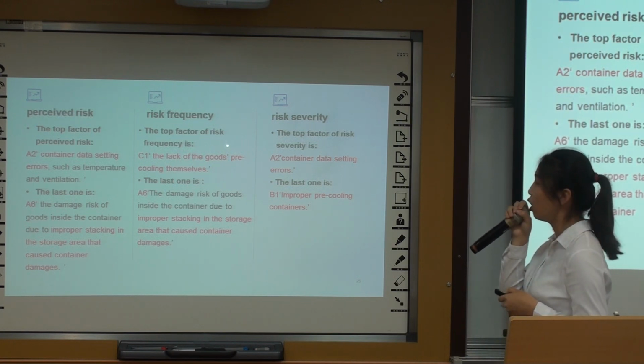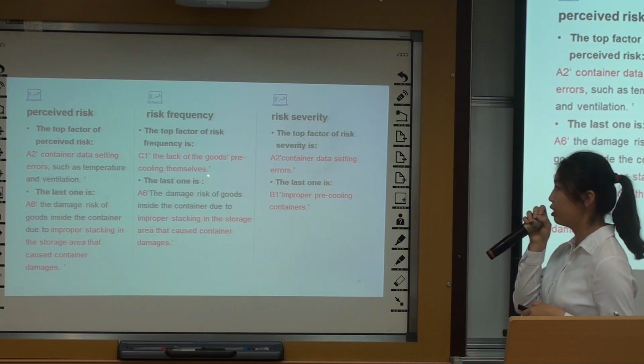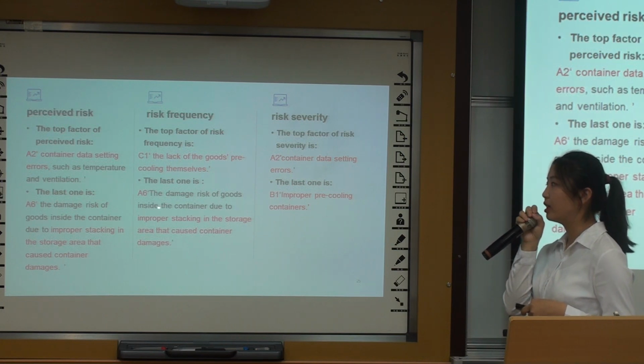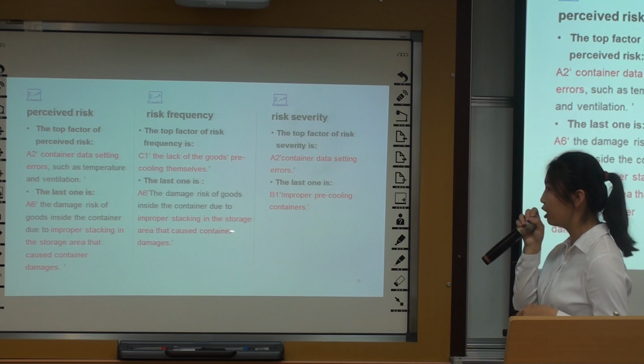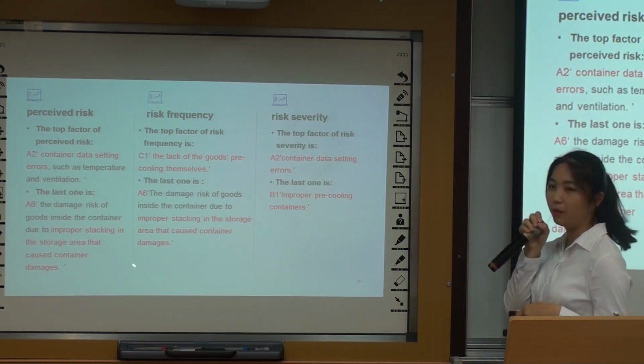The top factor of risk frequency is C1, the length of the goods per calling themselves. And the last one is A6, the damage risk for goods inside the container due to improper stacking in the storage area that caused container damages.